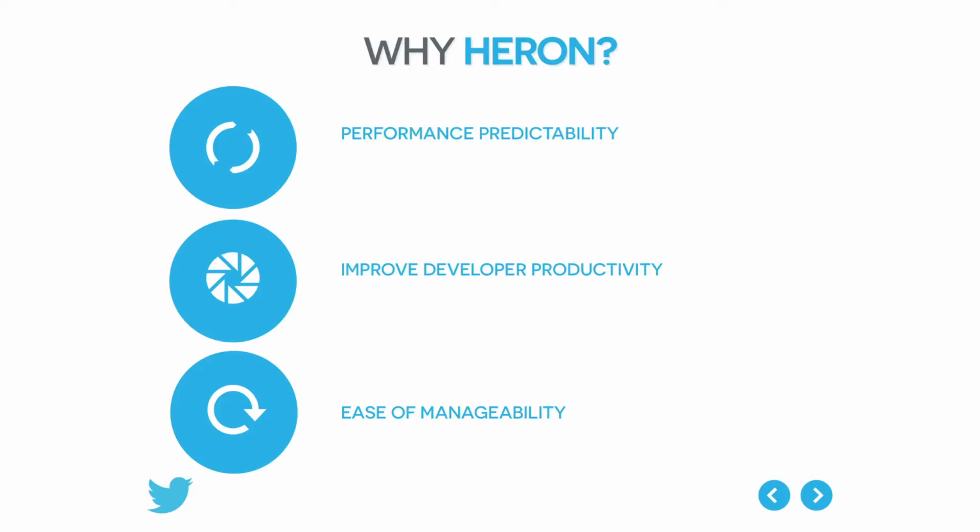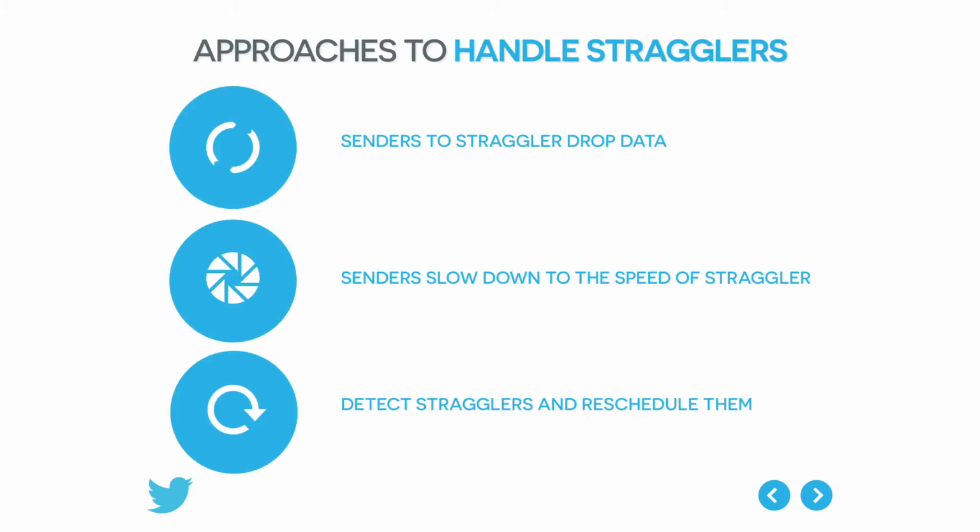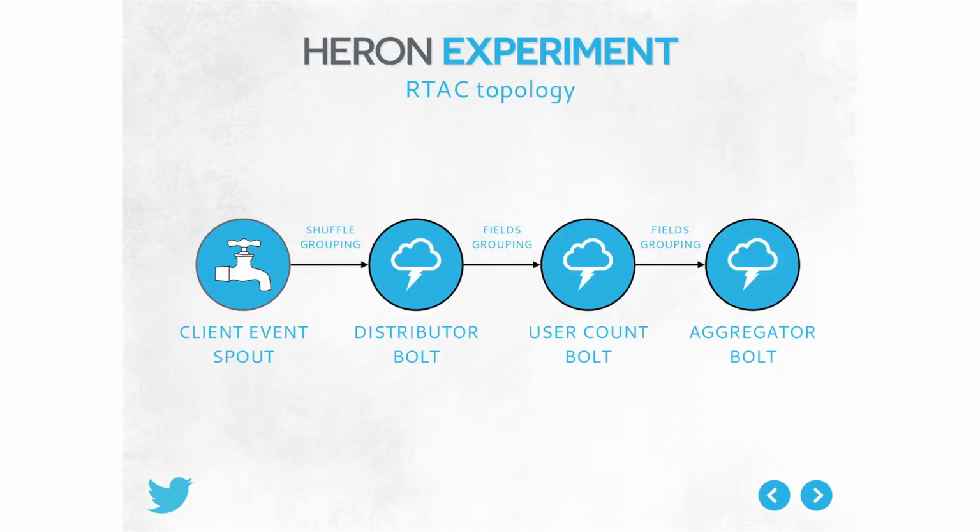So now, what are the approaches to handle stragglers? Whenever there is a straggler in your job, you can send data to that straggler, but it will slow down everything. So the simple strategy is that when the sender figures out it can't send as fast to the receiver, which is the straggler, it simply drops data.